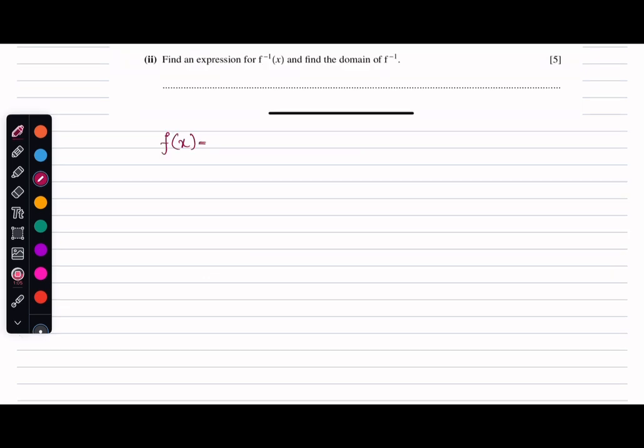So we know f of x that is given to us is 3 tan x by 2 minus 2, and the domain is given as negative pi by 2 less than or equal to x, which is less than or equal to pi by 2.